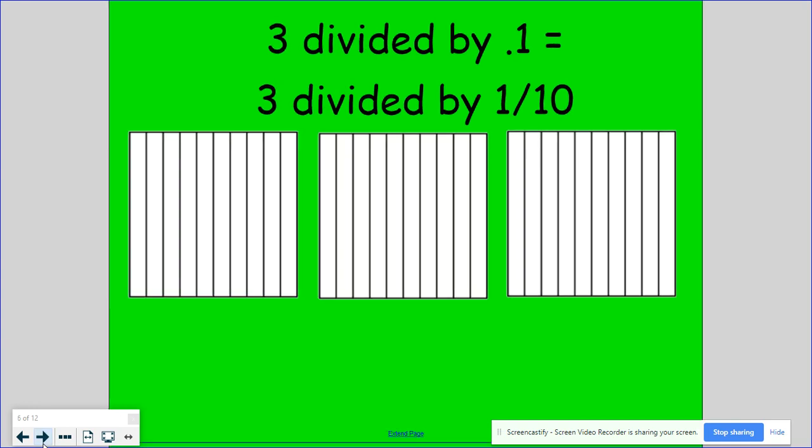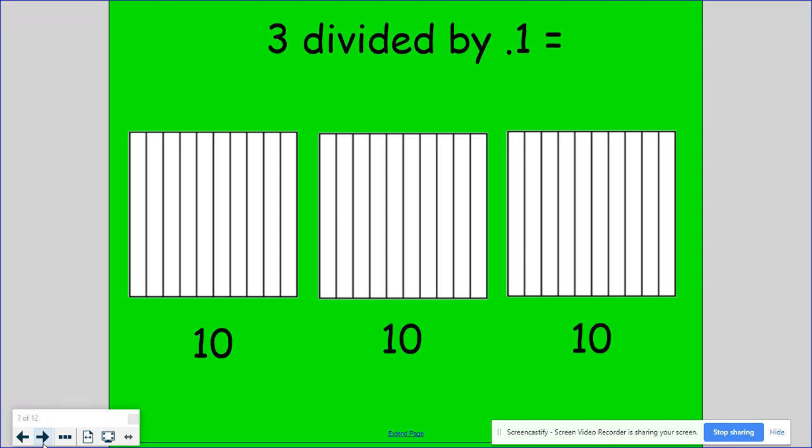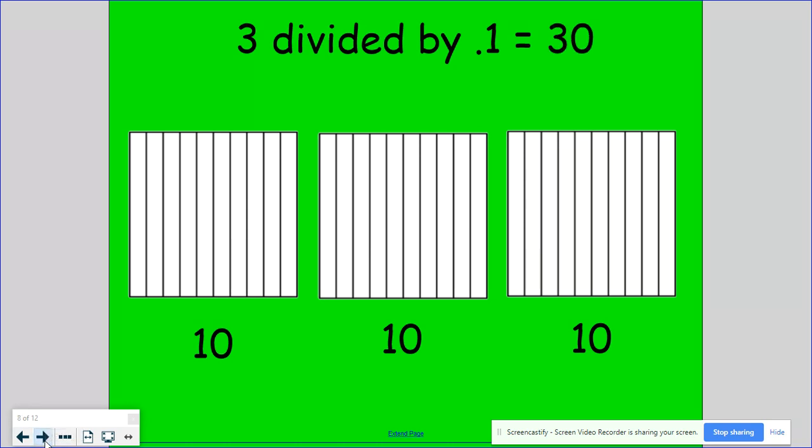Remember 1/10 written as a decimal and 1/10 written as a fraction, they're the same thing, they're equivalent. So here I took the 3 things and I divided them into 1/10. Well, how many 1/10s do I have? Each whole is 10, I have 20, 30. So 3 divided by 1/10 would be 30.